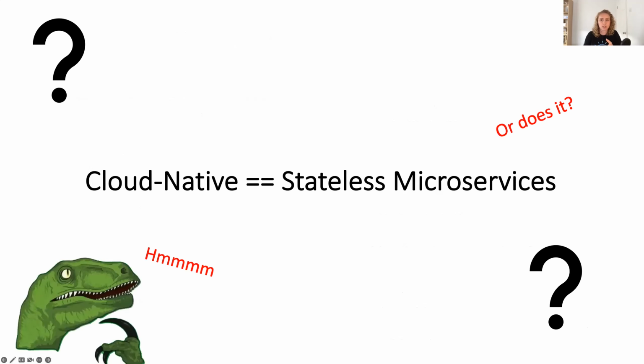But I'm questioning this. Is this really the case? Do we have to be designing all of our microservices to be stateless if we want to achieve this cloud native manner of building an application? Is this really the case? So I took a look at various different vendors' definitions of cloud native to see, do they specify that we have to be stateless in this?